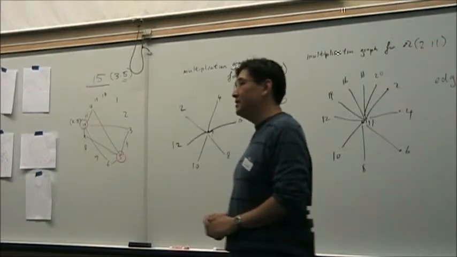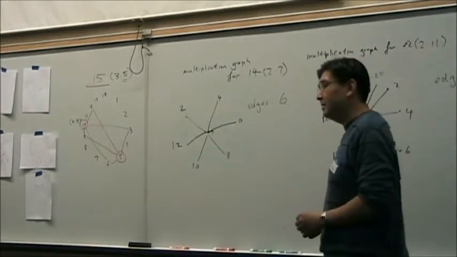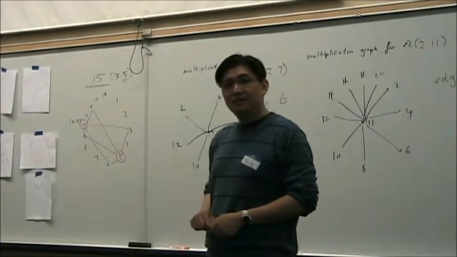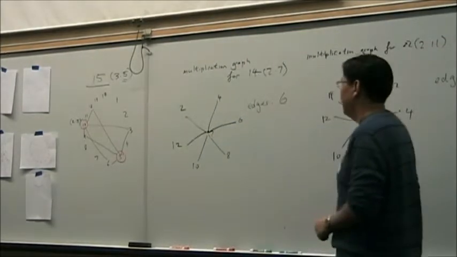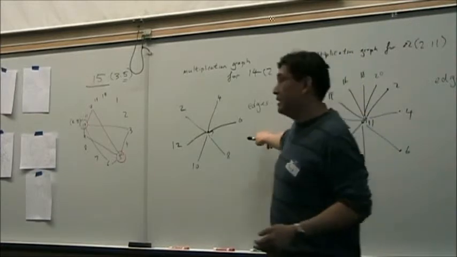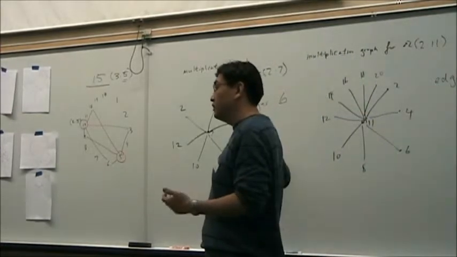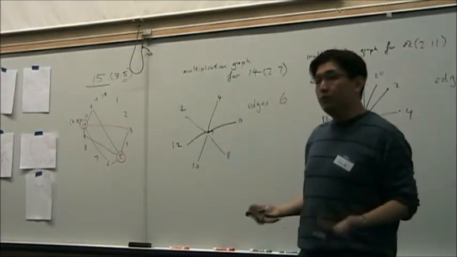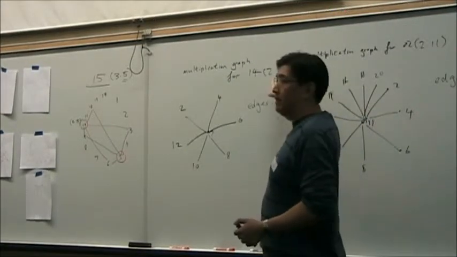Can someone else suggest an idea of why that might be the case? You have 6 multiples of 2. Yes, so this graph is connected to all the multiples of 2. Basically the question ends up being how many multiples of 2 there are less than 14.